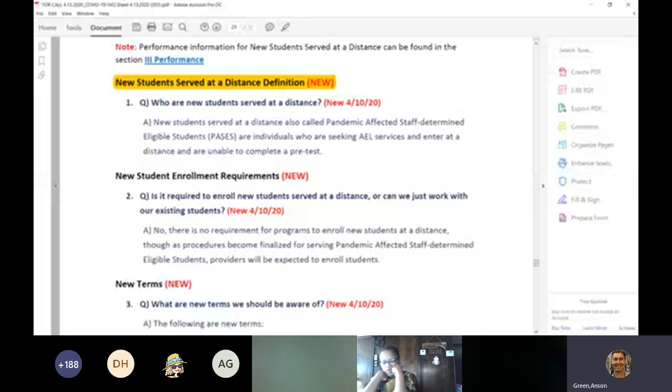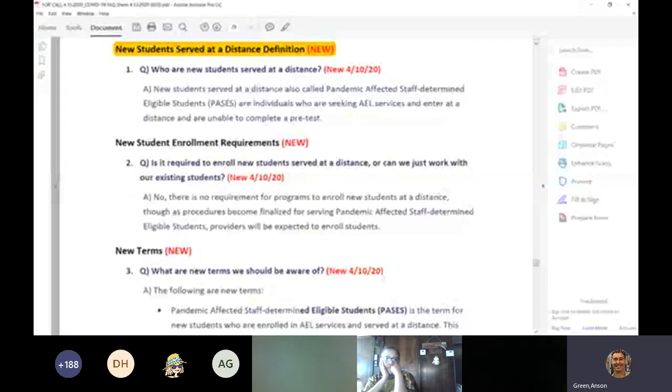They're going to have unique characteristics because they're served at a distance. They may have inconsistent documentation because you weren't able to collect it. They may have electronic signatures or no signatures. It's going to be a less complete enrollment cycle for these students, and we understand that.